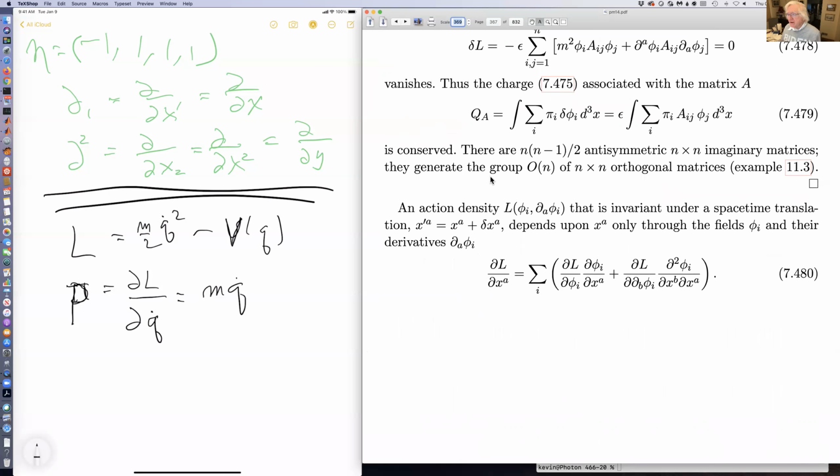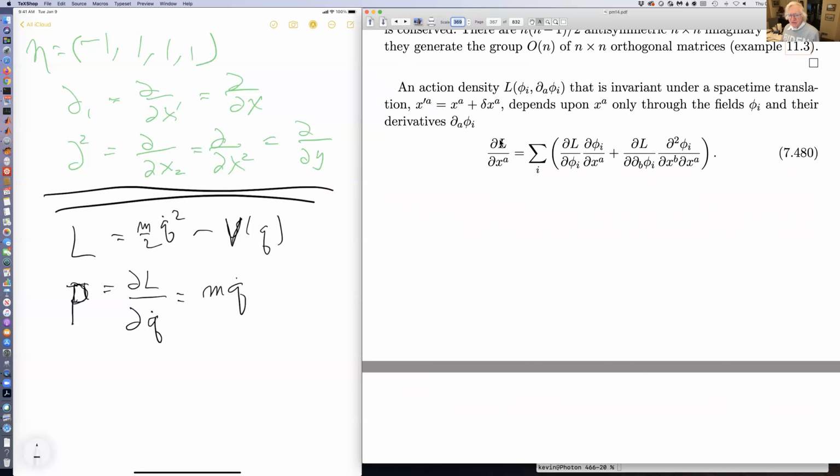And then if an action density is invariant under a space-time translation, x'^a, a going from 0 to 3, then it depends upon x's only through the fields. There isn't any explicit x here.